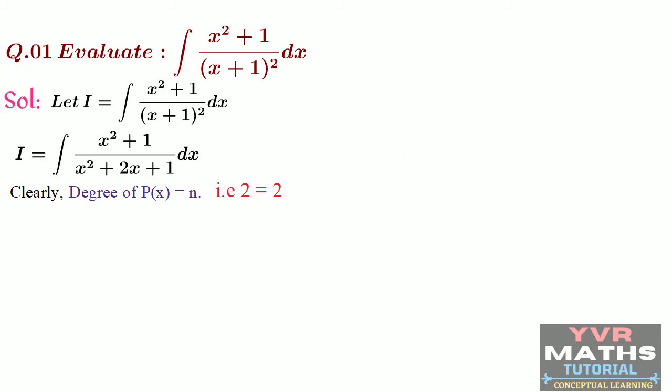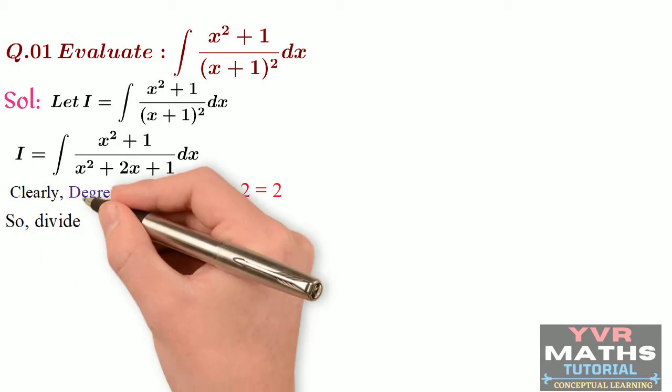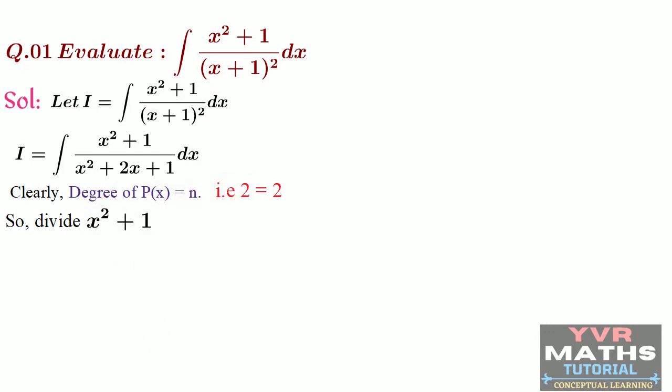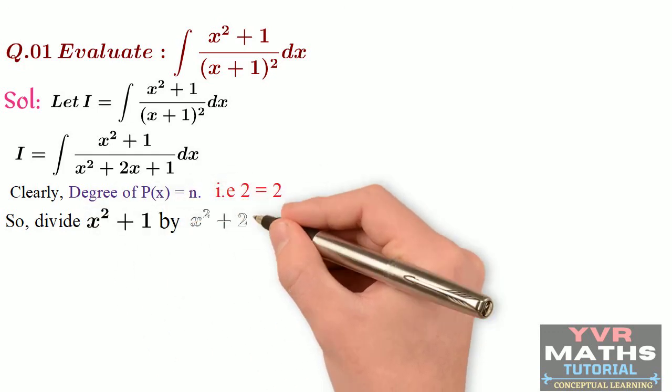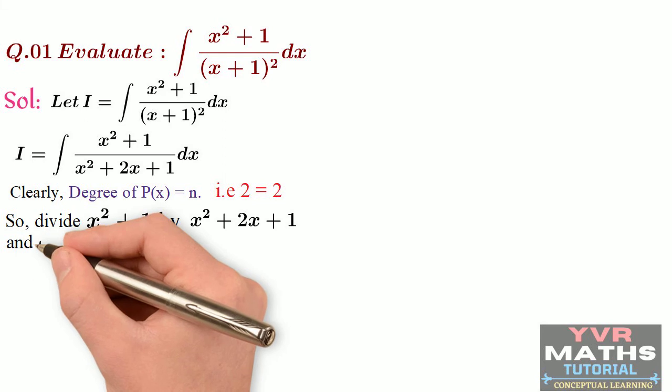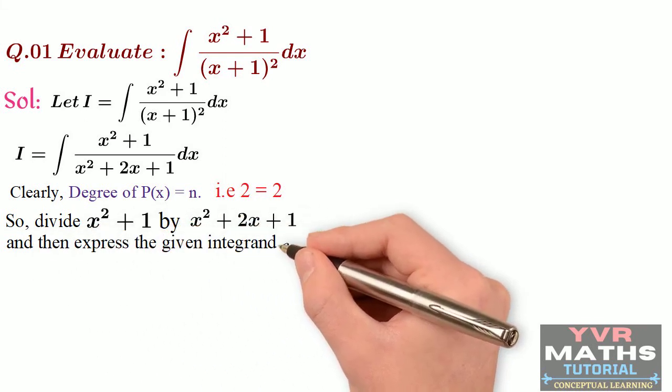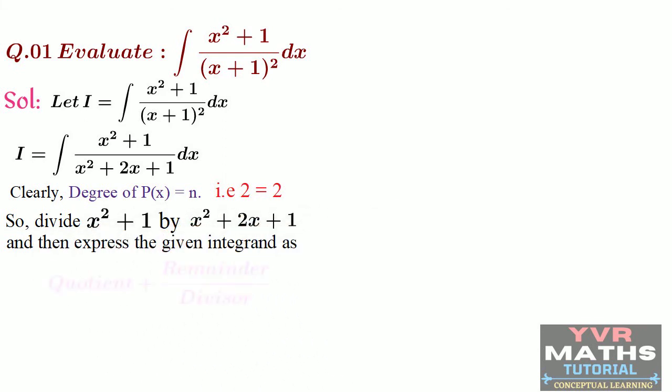As per the algorithm which we discussed in the previous slide, divide the numerator part by the denominator, that is divide x square plus 1 by x square plus 2x plus 1, and then express the given integrand as quotient plus remainder by divisor.